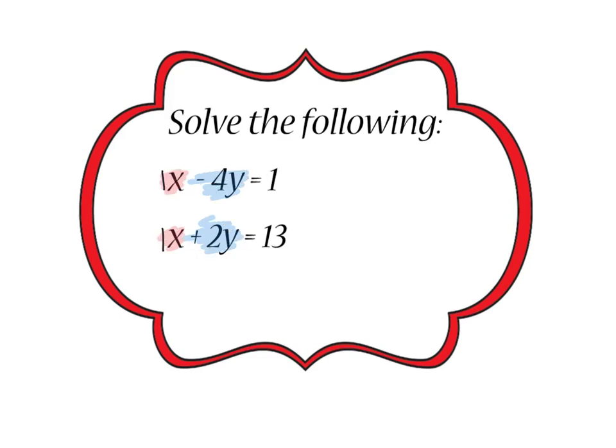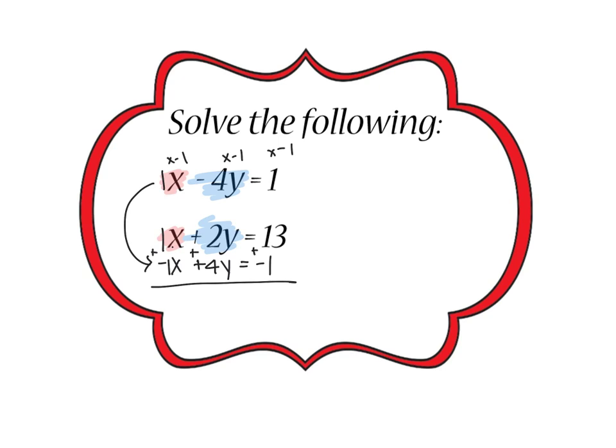For this system, if I look at the x's, I have 1x and 1x. So the only thing I need to fix is I need one of those to be negative. So if I multiply the top equation all by negative 1, and rewrite it down here, I would get negative x plus 4y equals negative 1. Now I have my 1x and negative 1x, so I can go ahead and just add.